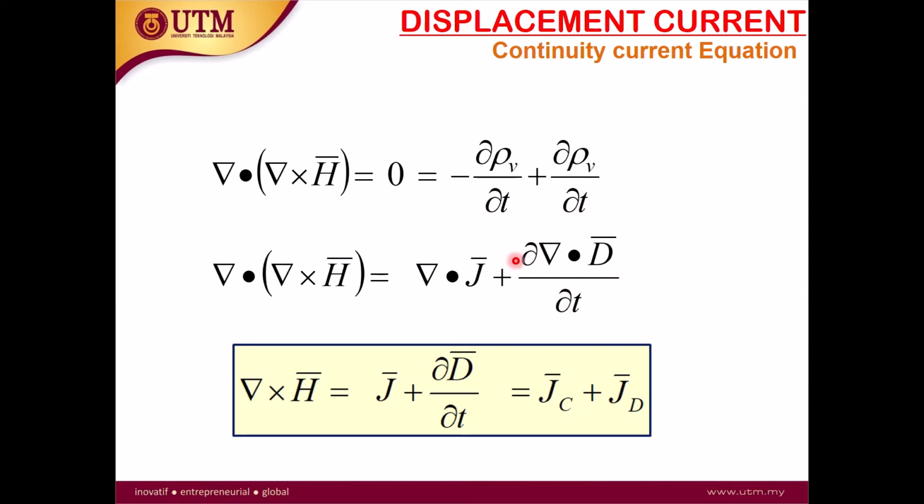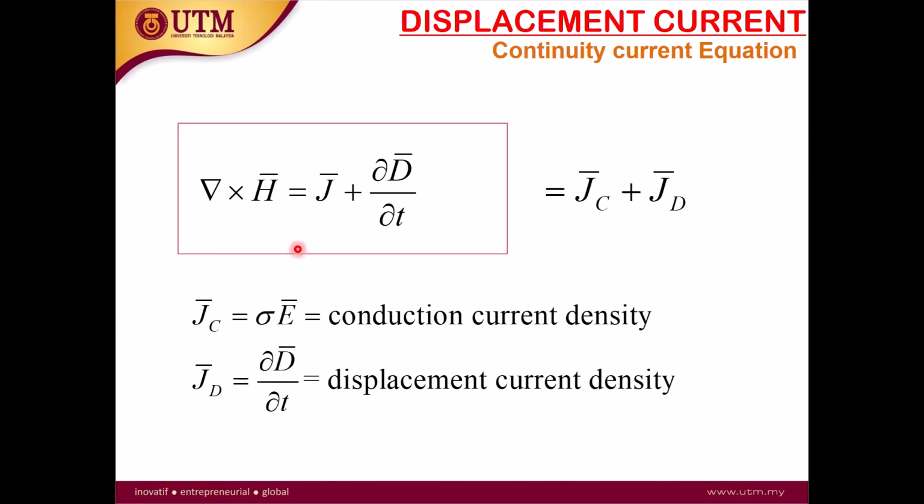So when we remove the divergence from both the left and right hand sides, our conclusion is that curl H is equal to J plus del D over del t, or equal to JC plus JD. JC is the conduction current density, while JD is the displacement current density.